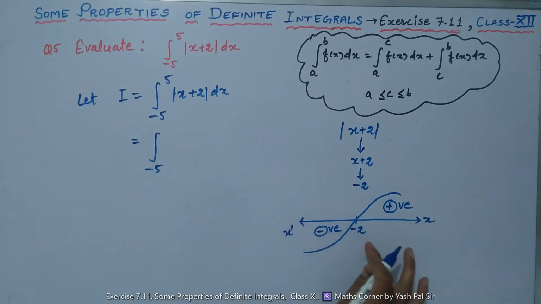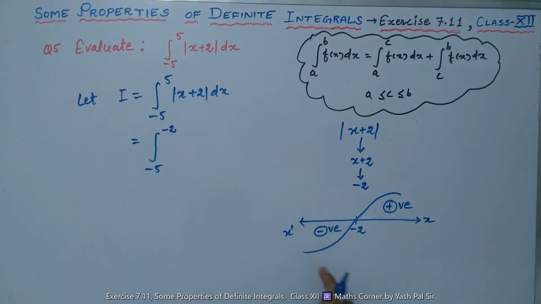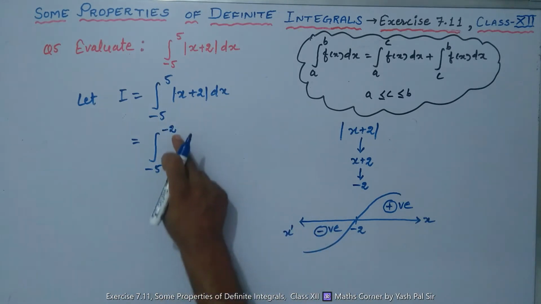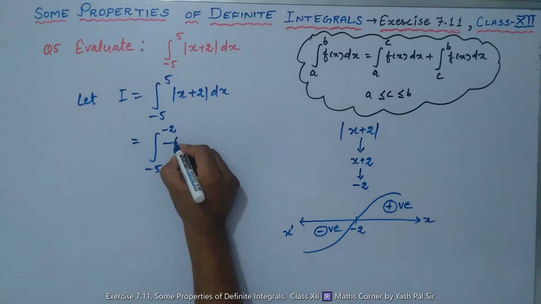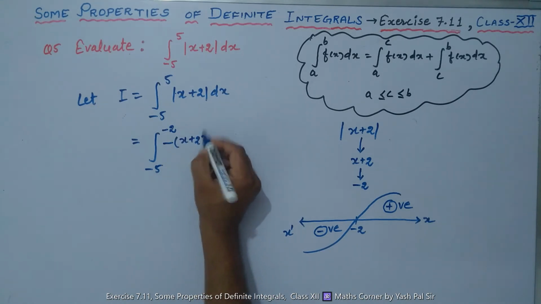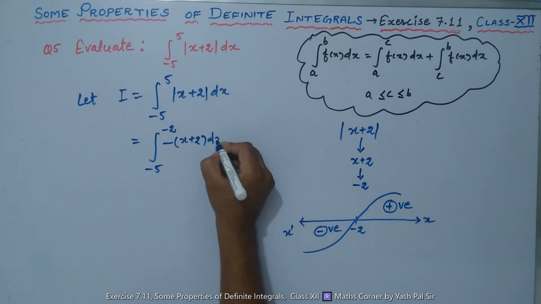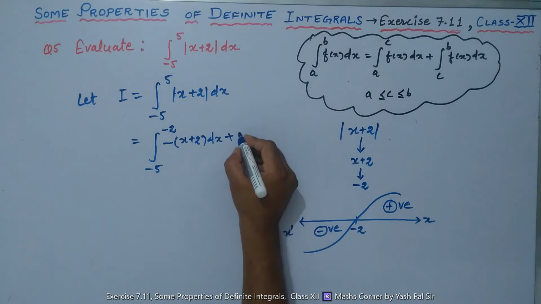minus 5 to, this is the stoppage at minus 2. From minus 5 to minus 2, the modulus function is negative. So we write here negative sign, x plus 2, the same function. But after minus 2, this is positive.